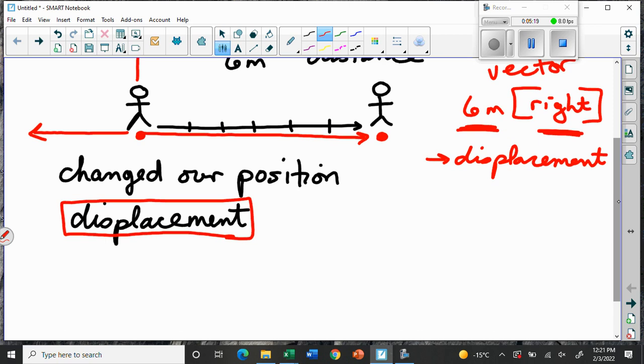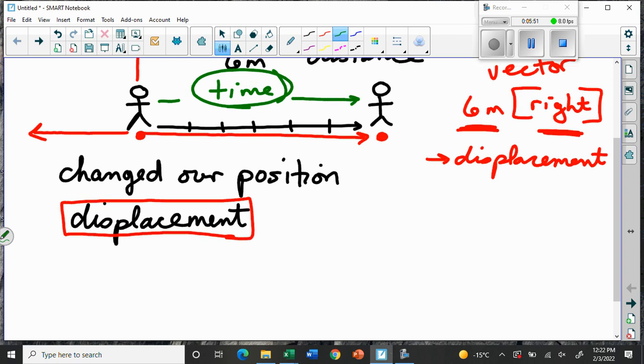And of course, we can do all kinds of things to describe this. We can describe it using graphs and numbers and things, as we'll learn in a minute. But let's think about one more thing that has to happen here. If you're going to move from one place to another, there's something else that has to change. There's another changing thing besides just your position. And of course, that is the time that it takes for you to walk from one place to another.